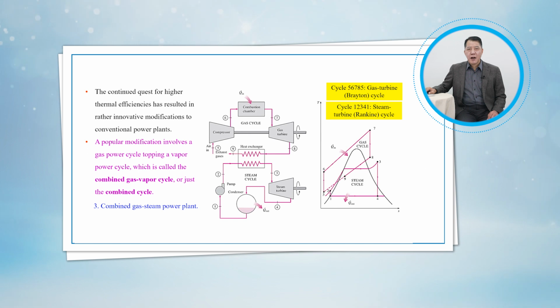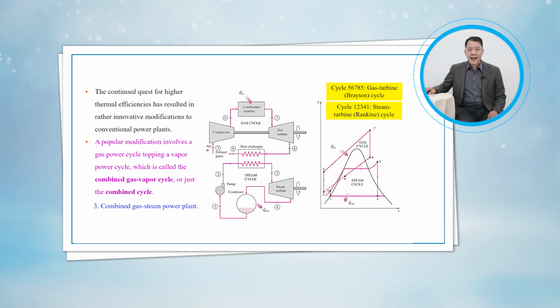The use of higher temperatures in gas turbines is made possible by developments in cooling the turbine blades and coating the blades with high temperature resistant materials such as ceramics.